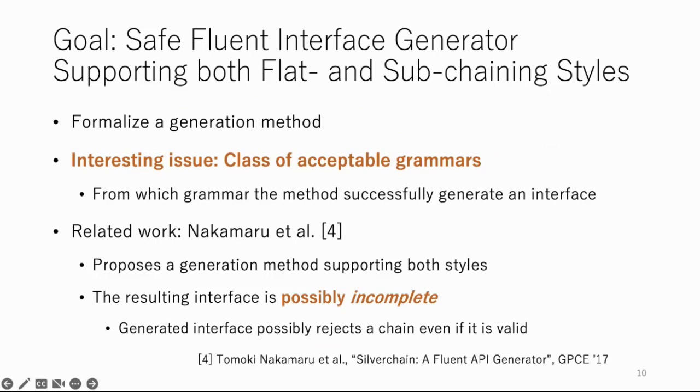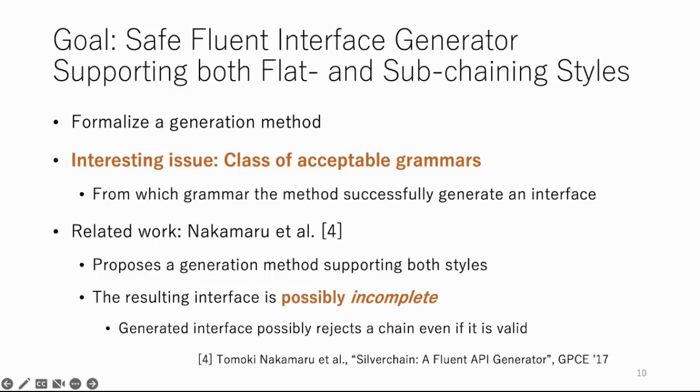For example, there is an existing method by Nakamaru et al. It proposes a generator of safe Fluent interface supporting both flat and subchaining styles. However, the method possibly results in an incomplete interface, which may reject a flat method chain, even if it is correct in protocol specification.